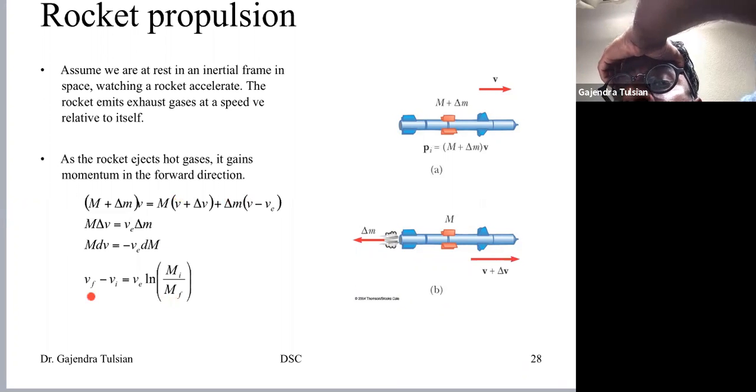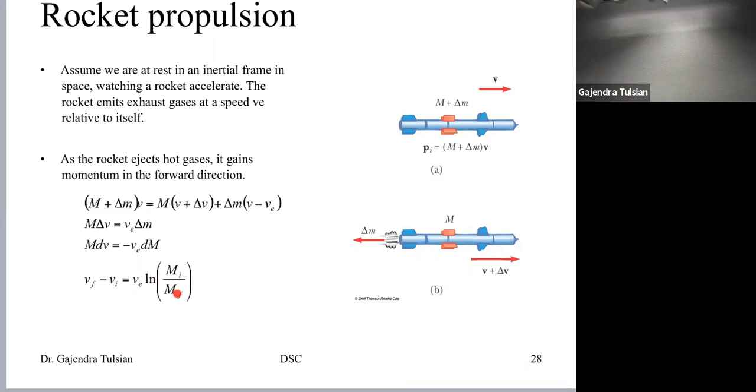Let me go over this equation. If this were in deep space, the rocket's engines are firing, and what this equation gives you is the final velocity of the rocket minus its initial velocity, equal to the exhaust velocity of the gases, this being the exhaust velocity relative to the rocket, times the natural log of initial mass divided by final mass. As the rocket is burning fuel, its mass is decreasing.